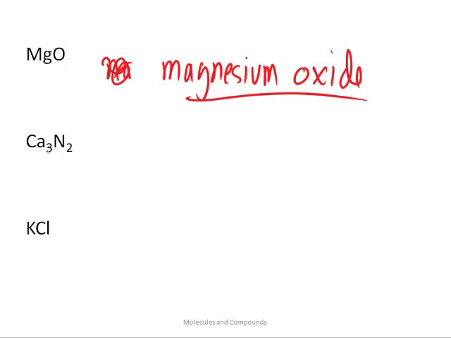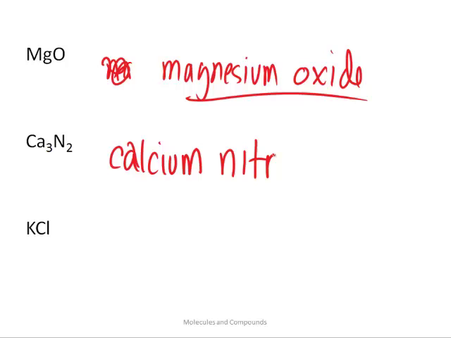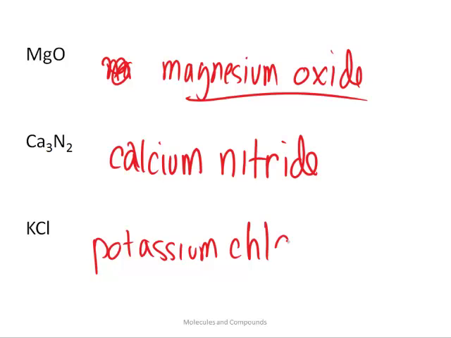And we would name that just like we named magnesium oxide, with the metal first, and then the anion's name, and nitrogen becomes nitride. And KCl, of course, that's potassium chloride.